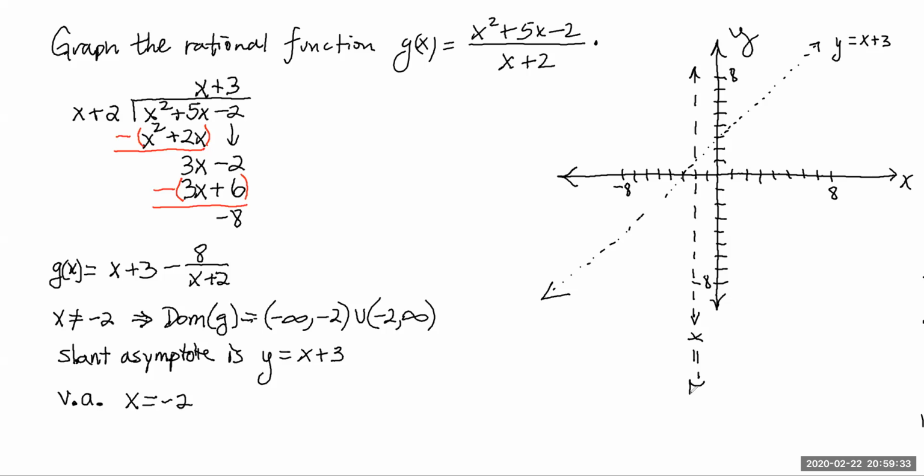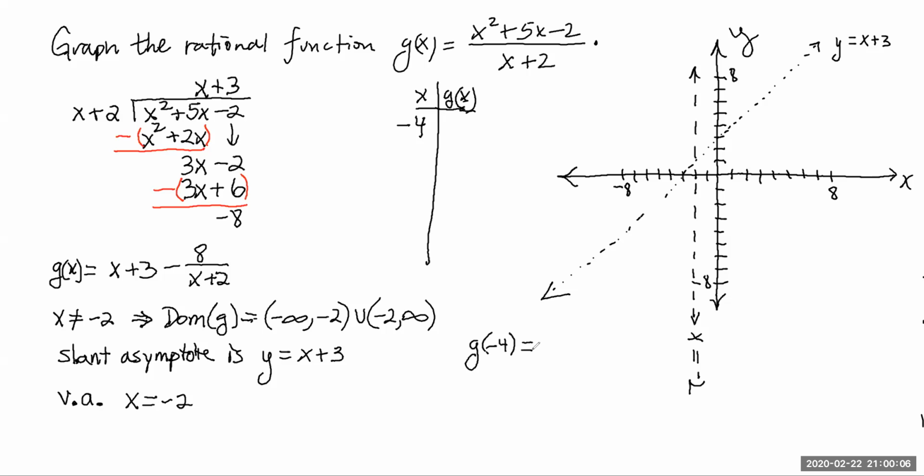Well, why don't we find some ordered pairs? So let's make a t-chart of x, g of x. I'm going to start with -4. So when x is -4, let's see if we can actually find the output. So let's look at g of -4.